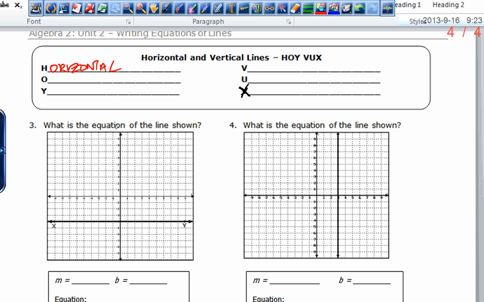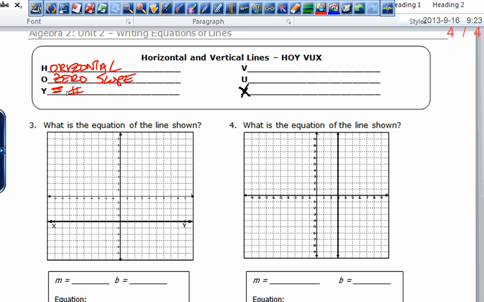The O is actually a 0, so I'm going to say 0 slope. And the y, a lot of people say y, because I like to say y equals a number. Because the equations are always y equals a number. y equals 5, y equals 8, y equals 2.